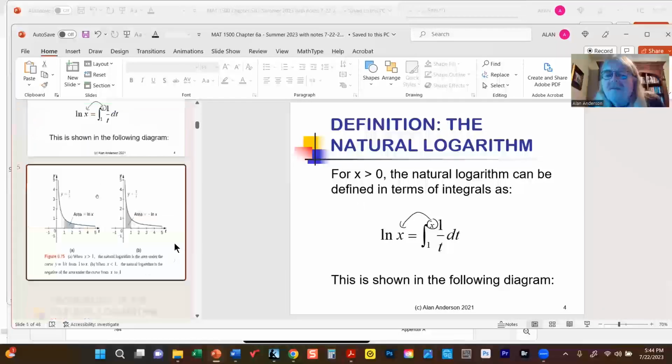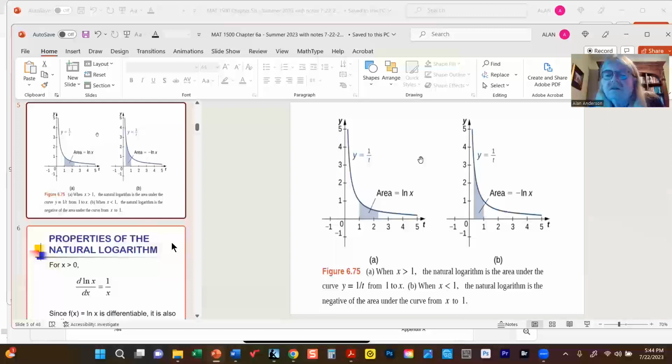So graphically, this is what we're actually seeing. So now what they're doing is they're making a distinction between two cases. x is greater than 1. Let me label that a little better. Okay, they don't actually show you x equals 1 exactly because that's just 0.